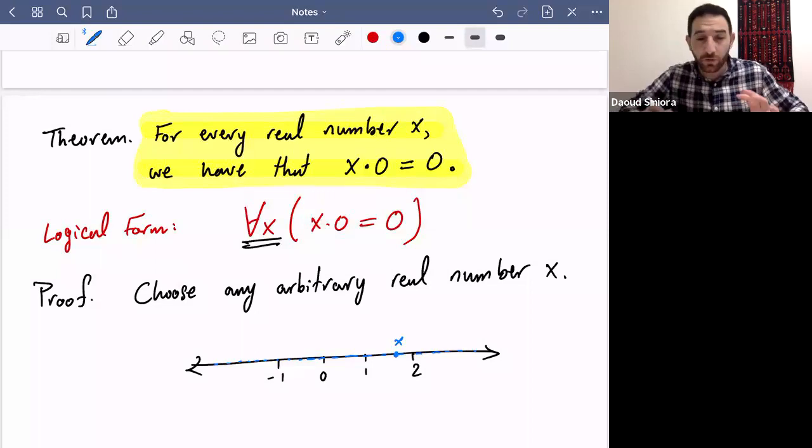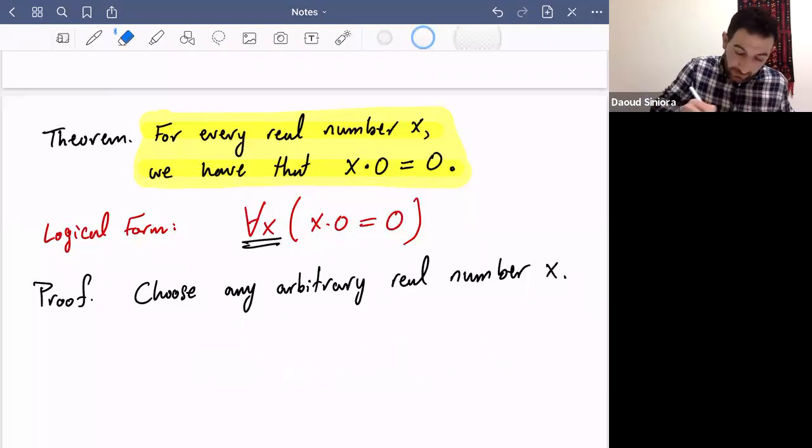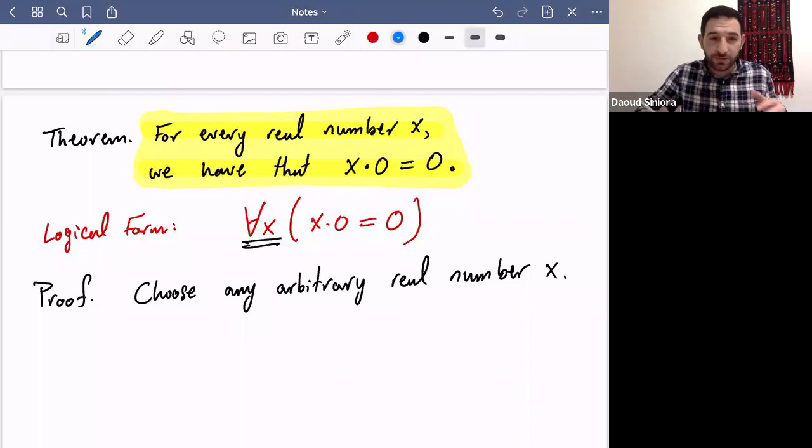All this is what we know about x. Now a proof is a sequence of statements, so we need to start writing the proof using what we are allowed to use. We are allowed to use the axioms, previous theorems, rules of inference, and so on.